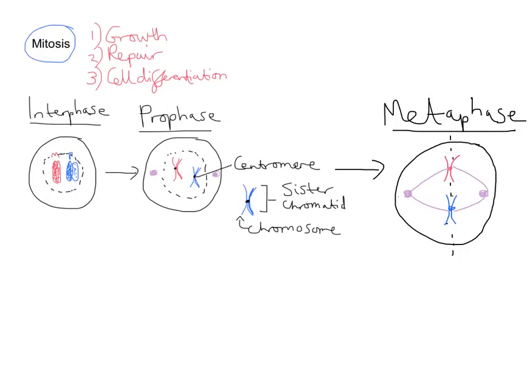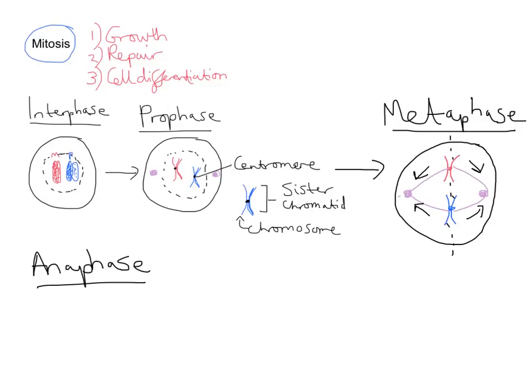And then those spindle fibres contract, they pull inwards towards themselves. So if you imagine these spindle fibres pulling in this way, and these ones pull that way, you would pull those sister chromatids apart, and then that leads into a phase called anaphase.